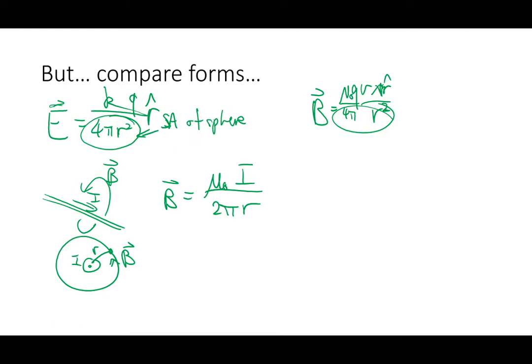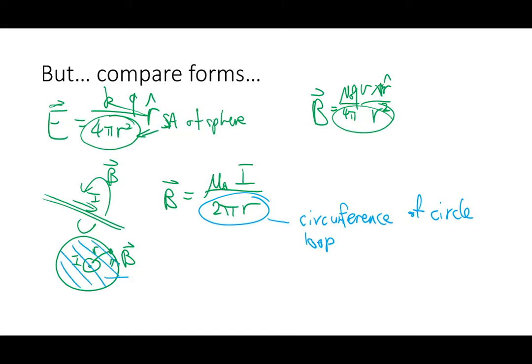That is a hint that we're looking at the circumference, the length of the loop around the circle, which hints that we might be able to use the circumference of a circle to make a loop, to relate it to the area enclosed in a loop.